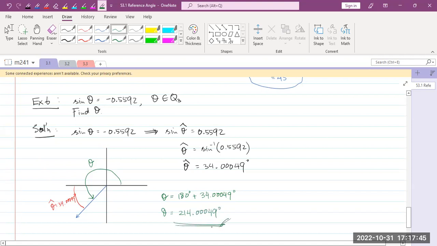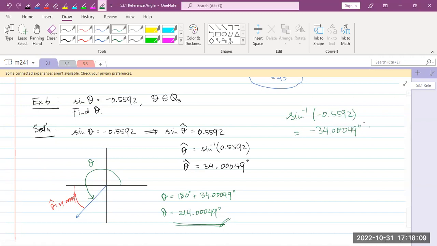Now you can try using your calculator. What happens if you do sine inverse of negative 0.5592 right away? No, you will not get that number. In fact, you will get negative 34 something. There are at least two problems with this answer. First, we have not learned negative angle, what it means. But that's not the only reason. You will see later on, negative 34 is located in quadrant 4, not in quadrant 3.